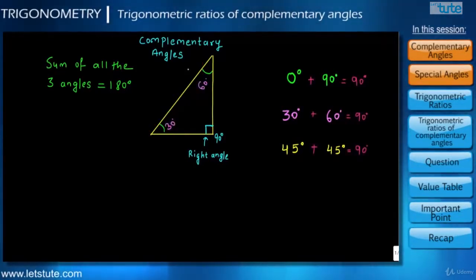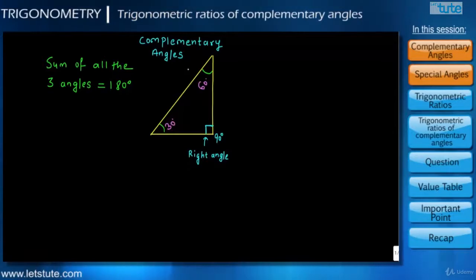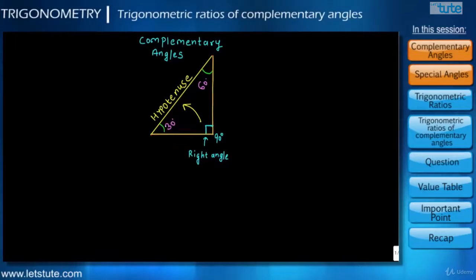Now, if we talk about the sides, we know that the longest side in a right angle triangle, which is opposite to the 90 degrees angle, is always known as the hypotenuse, and the other two sides are defined as the opposite side and the adjacent side.